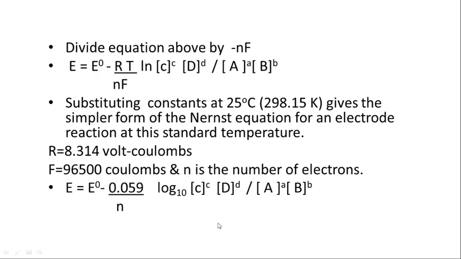So in the next step, we have that equation here: E is equal to E naught minus RT upon nF log of concentration of C raised to c, D raised to d divided by A raised to a, B raised to b.